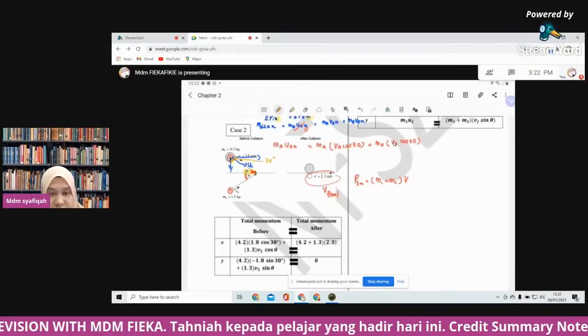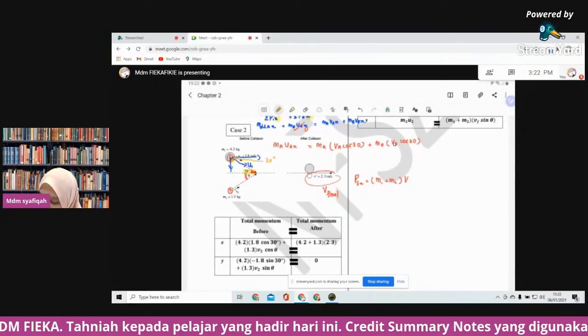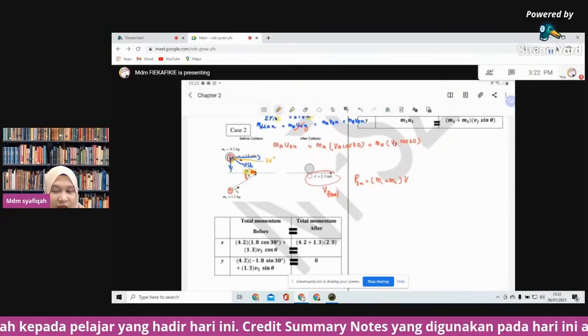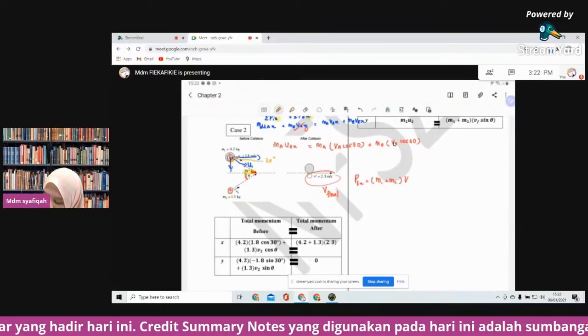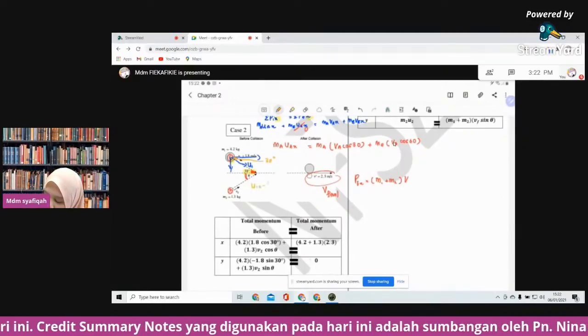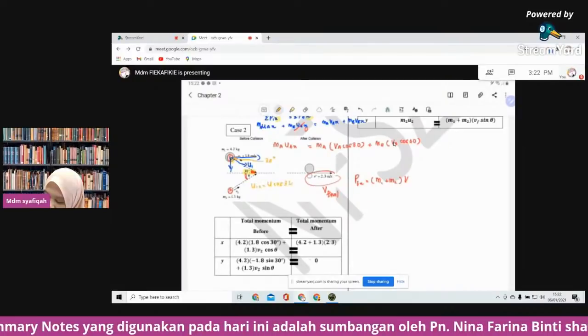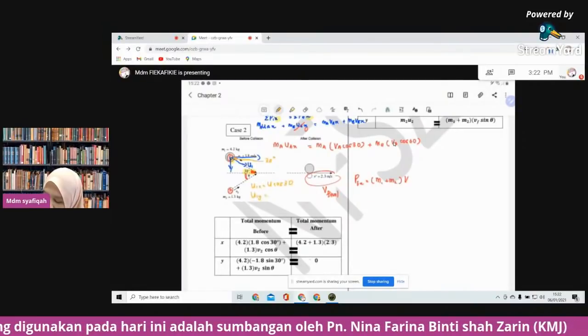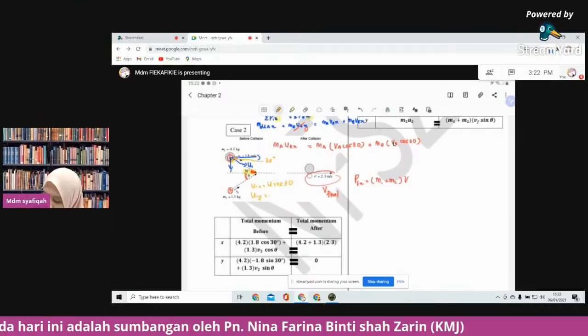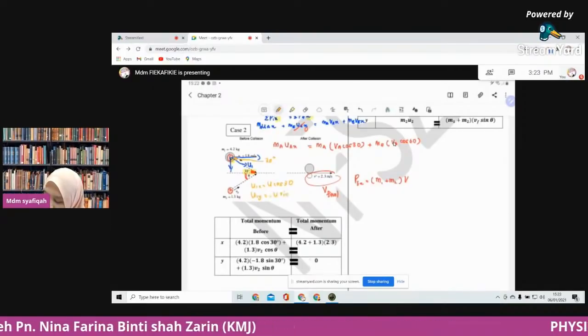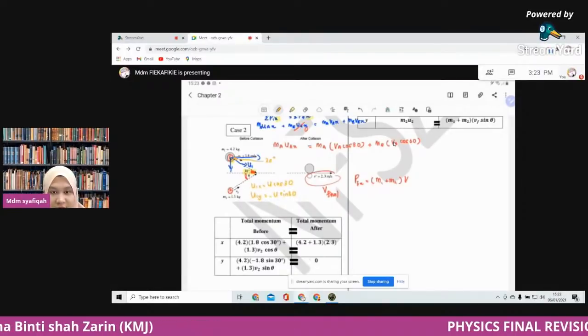Resolve lah. Sekarang U kita ada X and Y component, di mana U1X equal to U cos 30 and U1Y is equal to negative sebab dia downward kan, U sin 30.